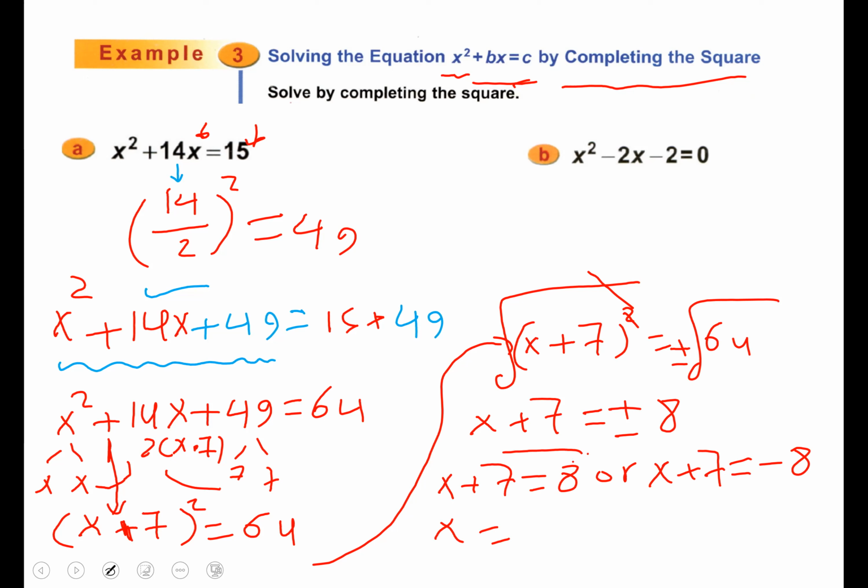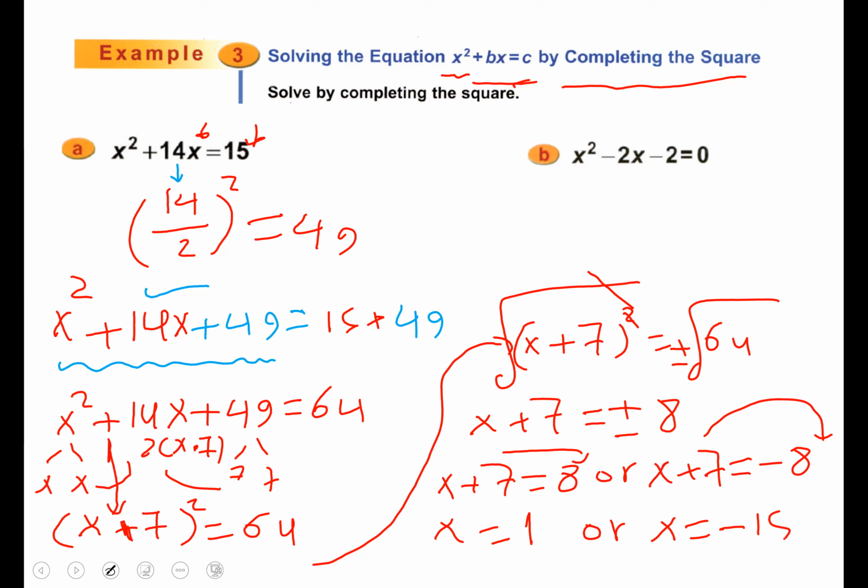Let's subtract 7 from both sides. 8 minus 7 becomes 1. The result is 1. Or x equals negative 8 minus 7, which equals negative 15. The result is x equals 1 or x equals negative 15. And that's all for the first example.